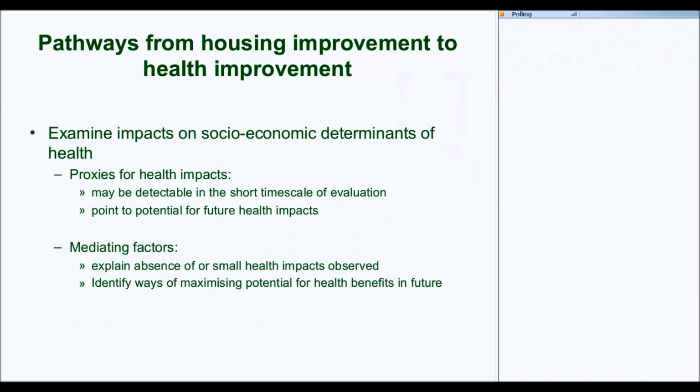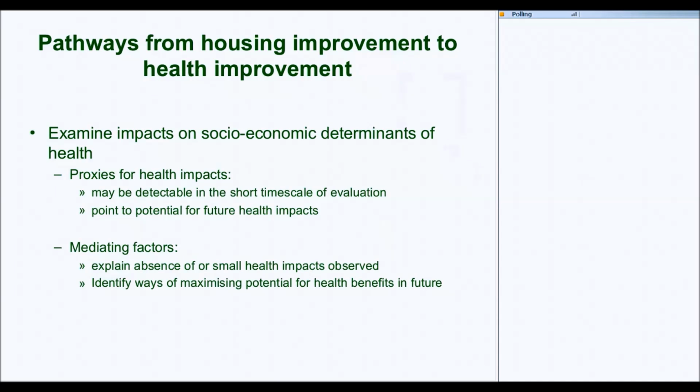The reason we did that is that if you look at these proxies, the impacts on socioeconomic determinants of health, they might be much more likely to change in the short time scale of an evaluation. That's why we call them proxy, because they're proximal impacts.